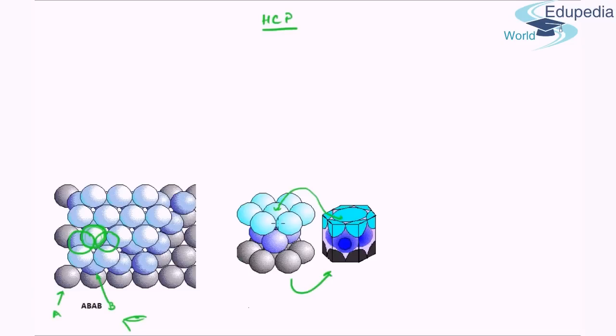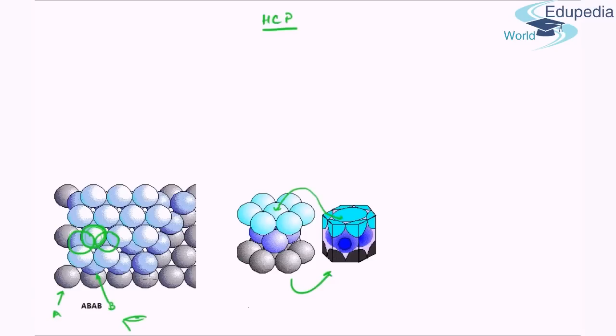Why? Because the packing system or the basic packing pattern is the same, only the stacking sequence is different. In FCC it was ABC, here it is AB, but each layer in itself is packed as compactly as possible, and the second layer is placed on top of first layer as compactly as possible, same as in the case of FCC. So even here the packing fraction is 74%.